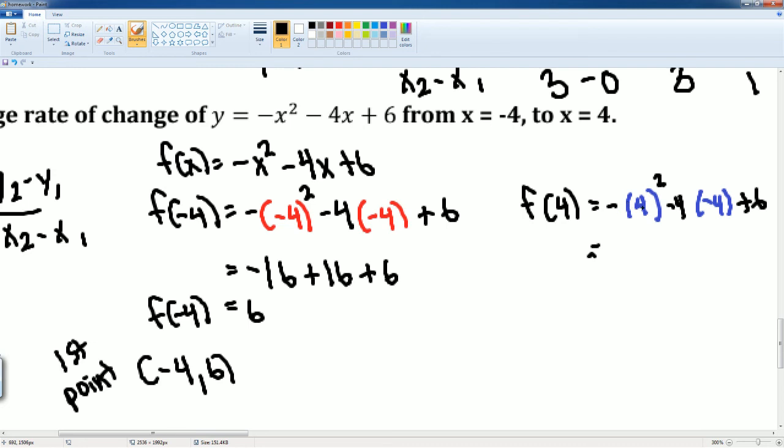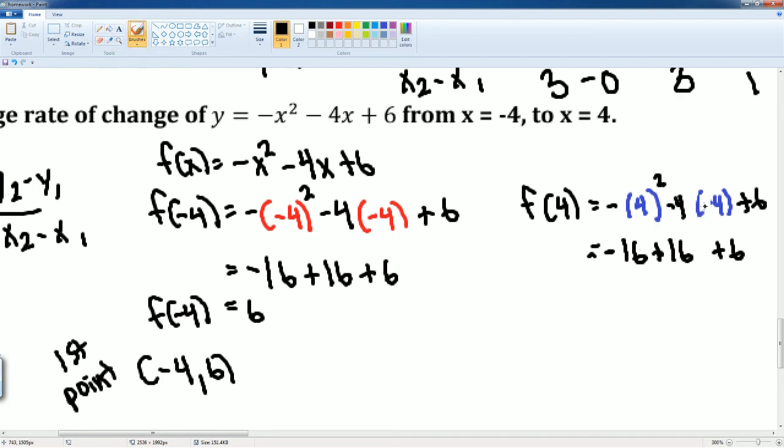So we have 4 squared, that makes 16, and there's a negative in front, so it's -16. -4 times -4 is a positive 16, and then you want to add the 6 here. Give me 1 second to double check my negatives. Oh yes, you see, I made that substitution wrong. This is a positive. That's why it looked wrong.